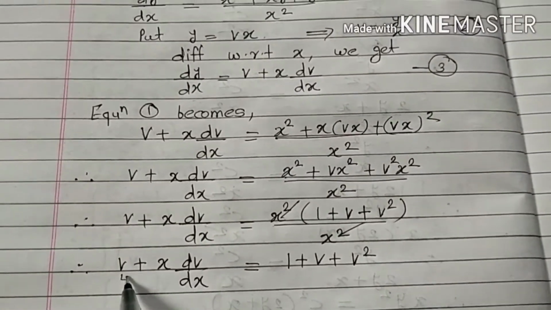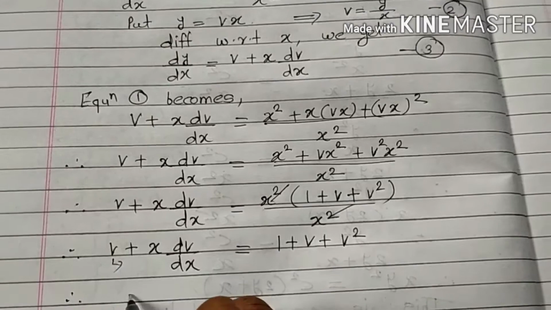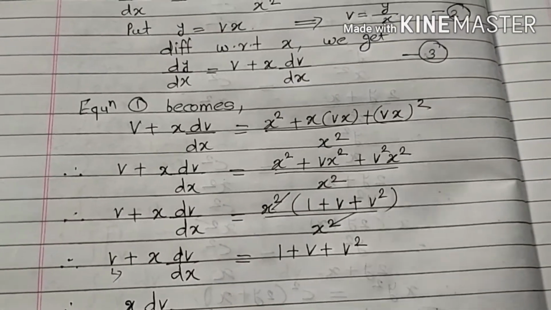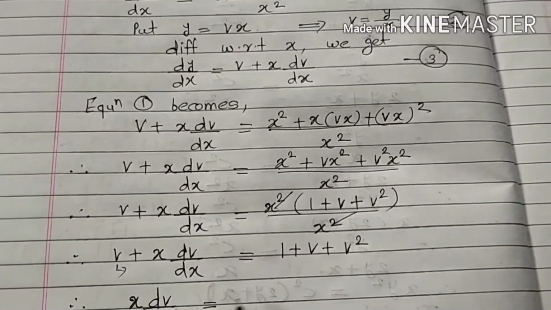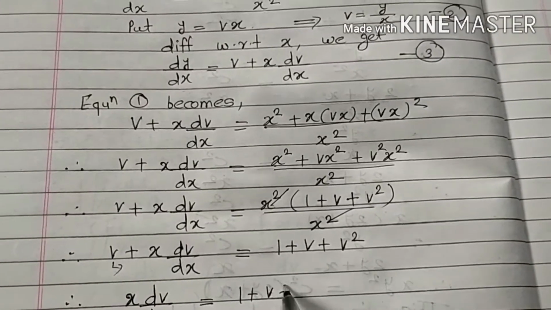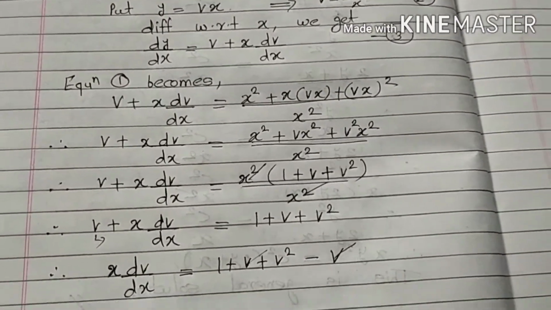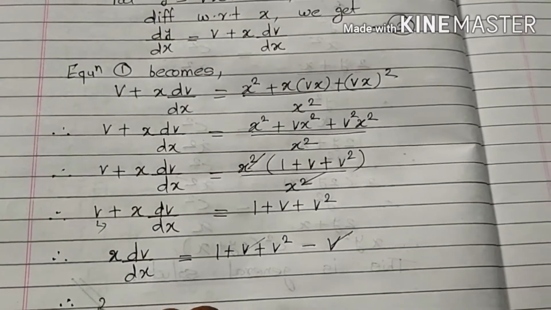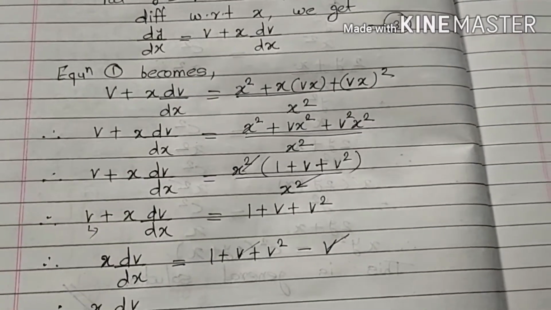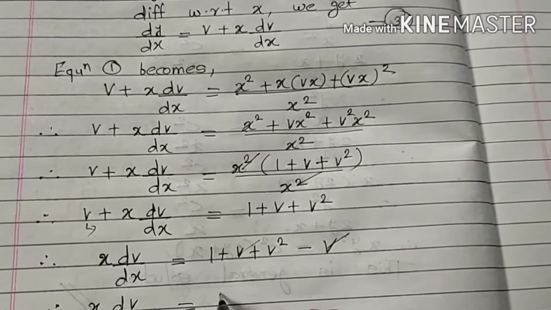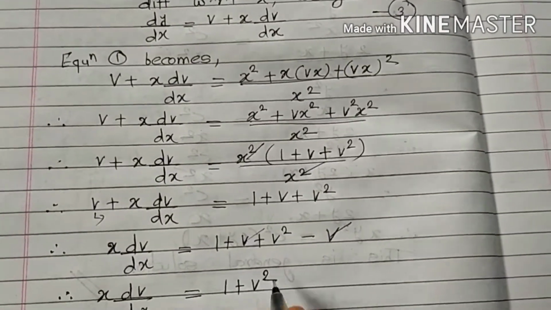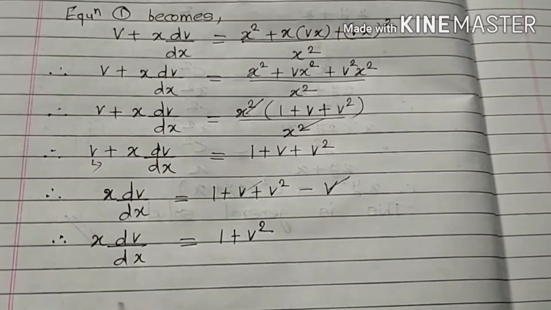Now take this v on the RHS side. This minus v and plus v cancel. Now separate the variables.